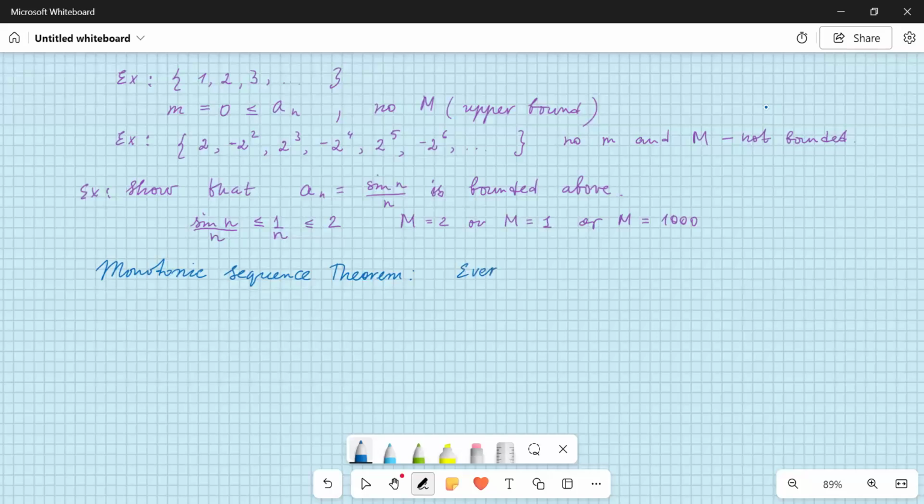Every bounded monotonic sequence is convergent.